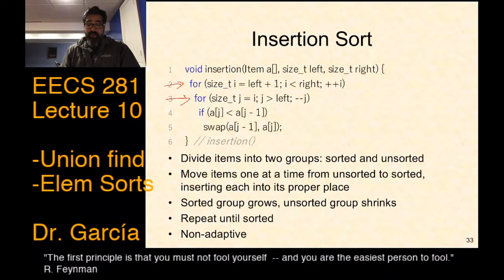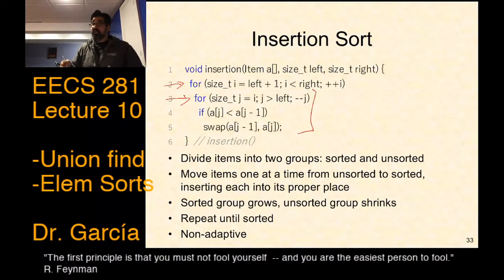Notice that this one iterates over the part of the array that's already sorted. In bubble sort, that inner loop would iterate over the portion of the array that was not sorted. In insertion sort, the inner loop's iterating over the part of the array that's already sorted.